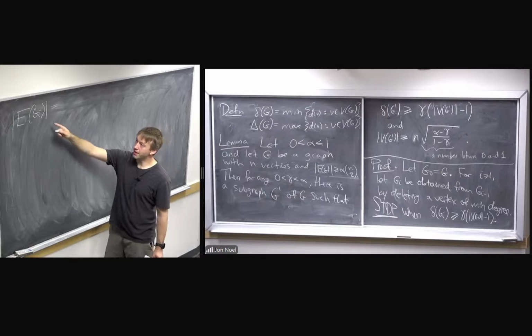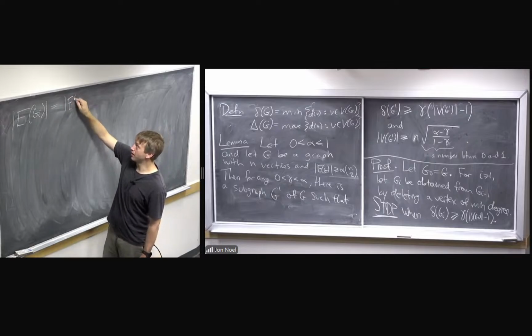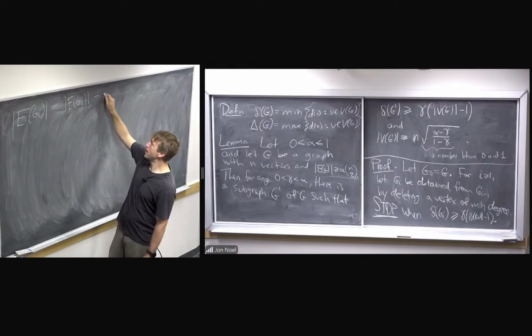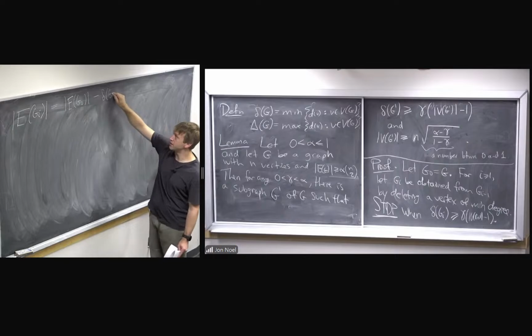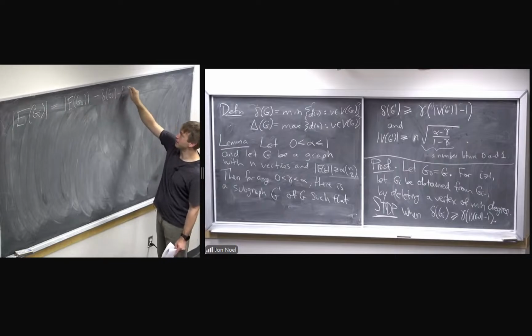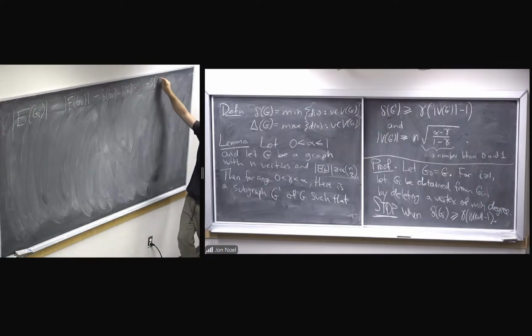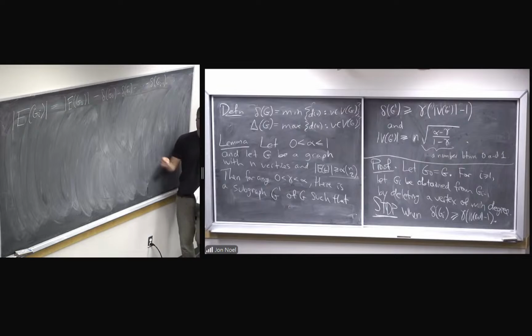The number of edges will be however many edges we started with, minus the minimum degree of G0, minus the minimum degree of G1, minus ..., minus the minimum degree of Gi minus 1. Because that's how we defined it. We always delete the lowest degree.